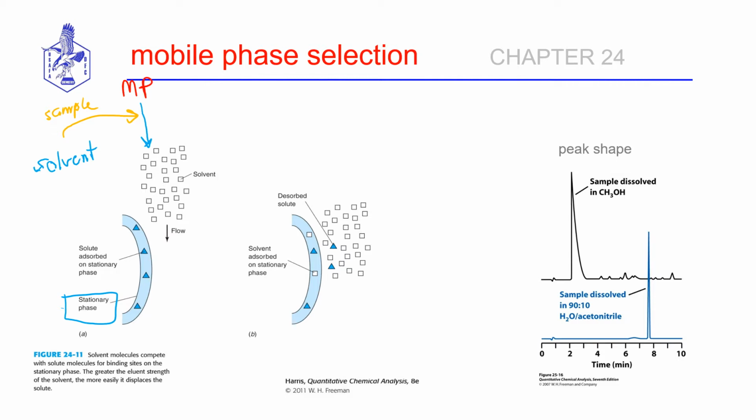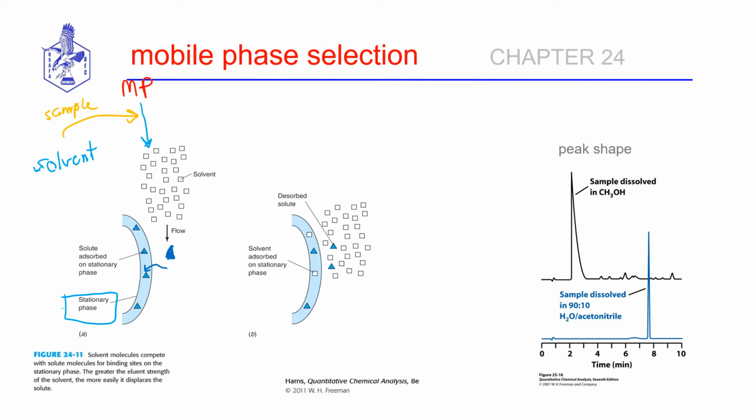All right, so the separation occurs as our little blue triangle analyte species in our sample is exposed to the mobile phase. If it's more like the stationary phase, it's going to partition into the stationary phase and hang out there for some time.